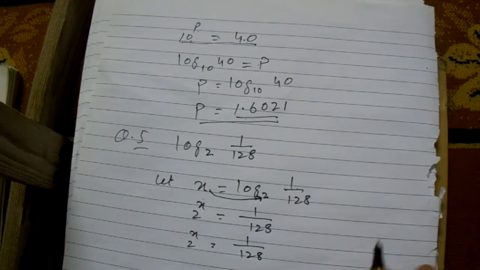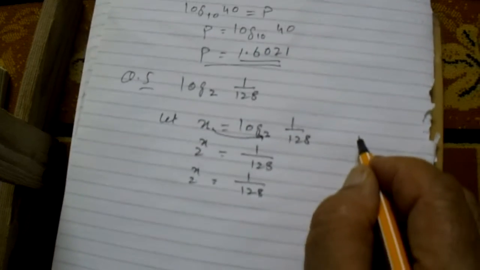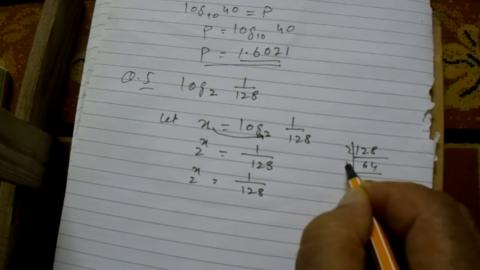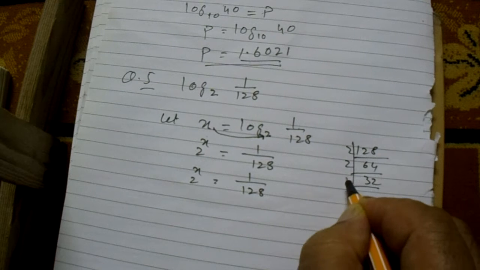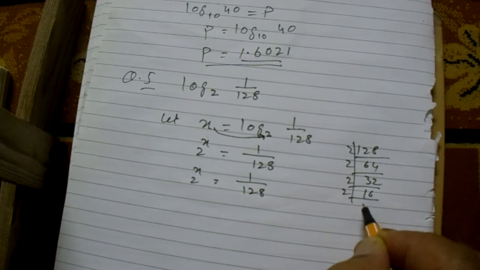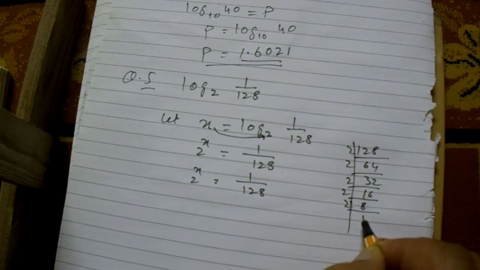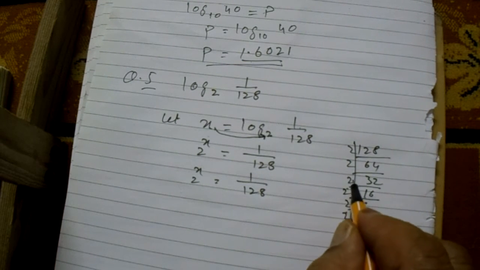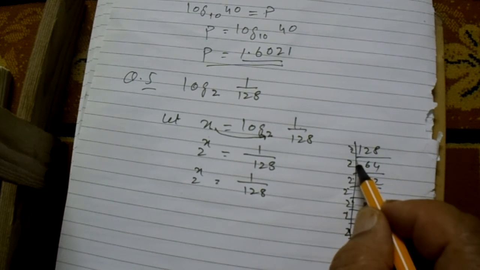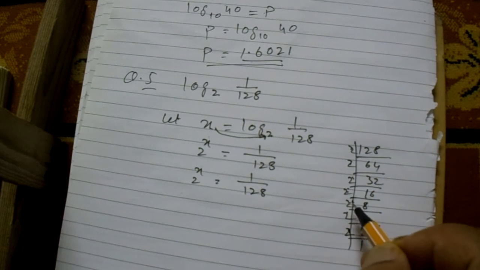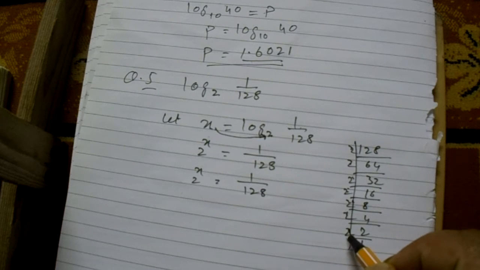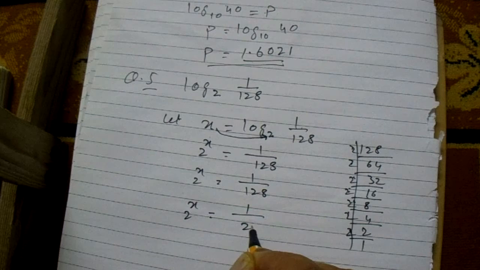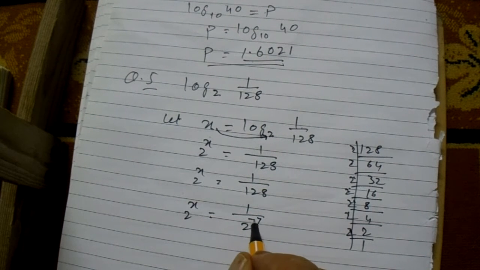Now you factorize 128. 128 divided by 2 is 64, 32, 16, 8, 4, 2, 1. Counting the 2s: 1, 2, 3, 4, 5, 6, 7. Now 2 power x is equal to 1 over 2 power 7.